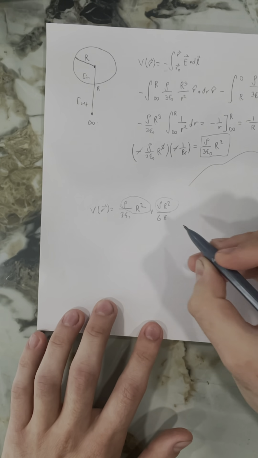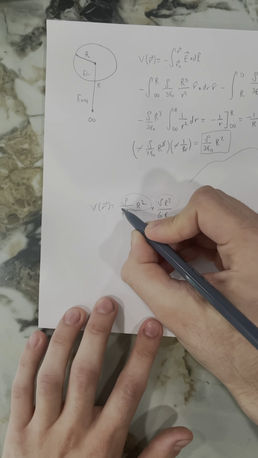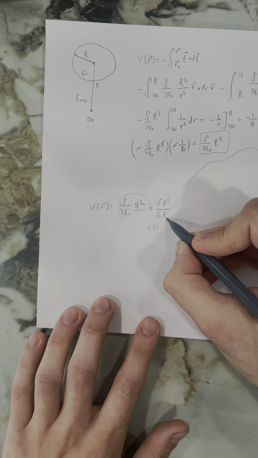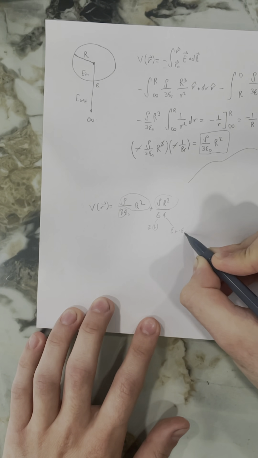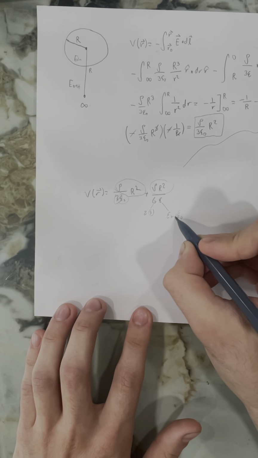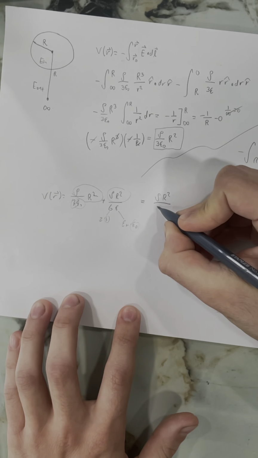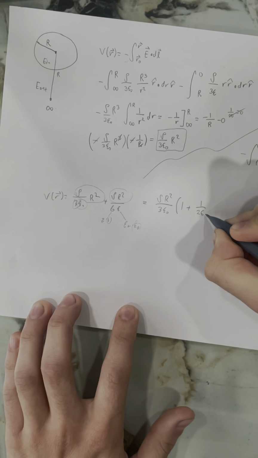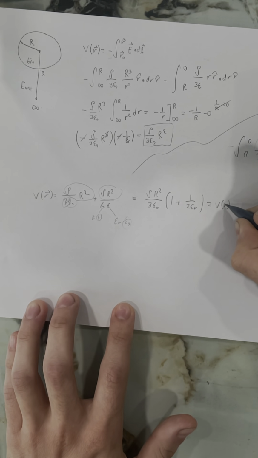You're able to factor that out. You can see that 6 is just 2 times 3, so we're going to be able to factor out the 3's. And then recall that epsilon is equal to the relative permittivity times the vacuum permittivity, and then here's the vacuum permittivity, so we can factor these terms out as well. And this should just give us the following. And this is what the electric potential is.